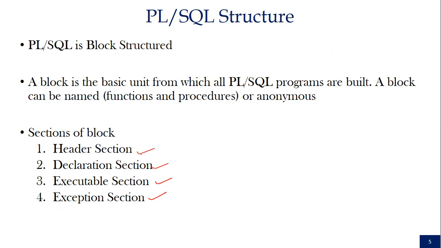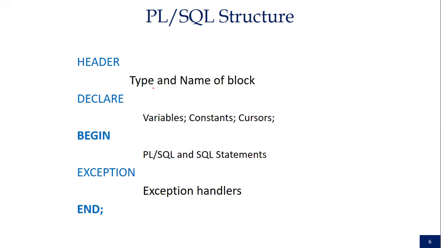The header section is where you define basic things like the block name that you want to use. We will see the example later. In the declaration section, you can declare things related to variables, constants, cursors.